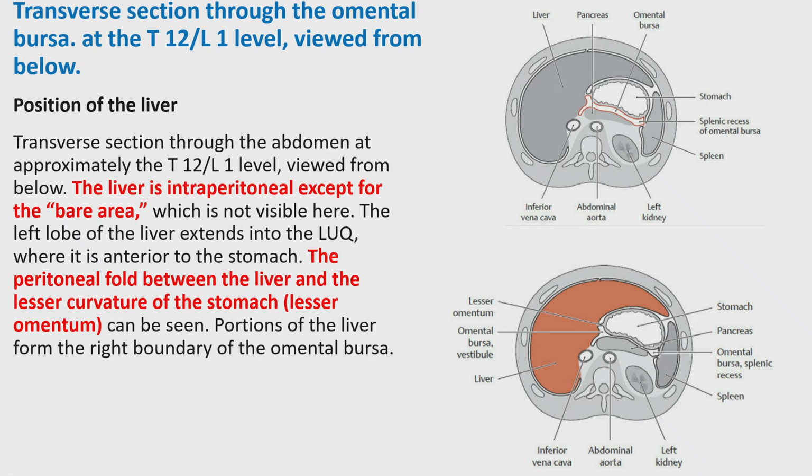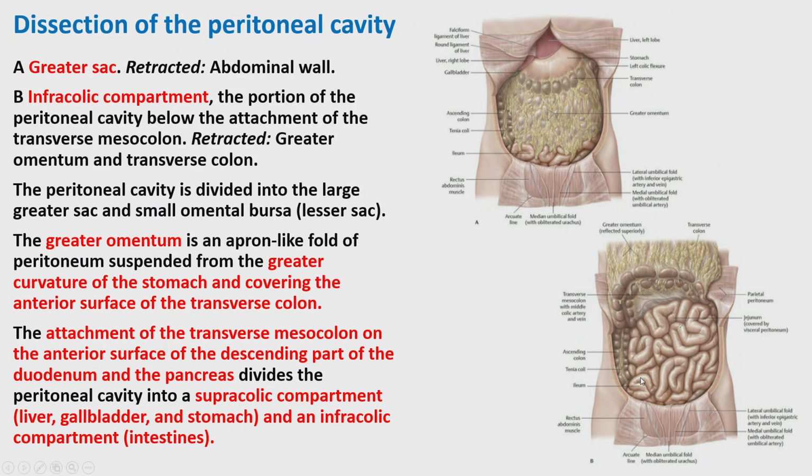This is the same cross section at the level of T12-L1 that you can see the surface of the position of the liver, and you can see the omental bursa, and behind the omental bursa there are the retroperitoneal organs, which include the abdominal aorta and, on the right side, the inferior vena cava, and of course the primary retroperitoneal organ, which is the kidney.